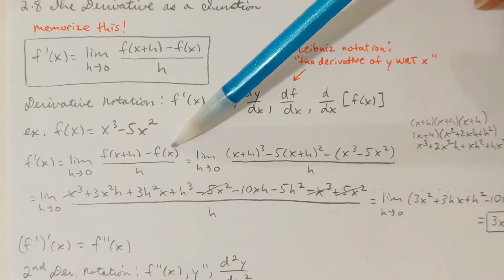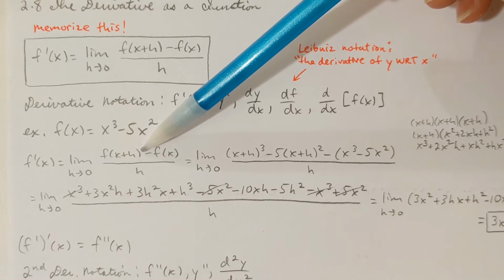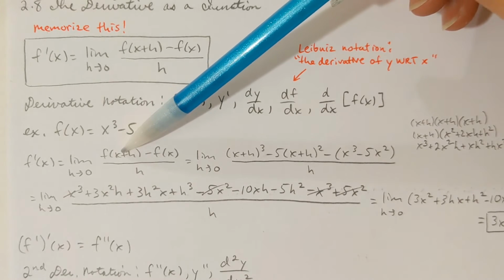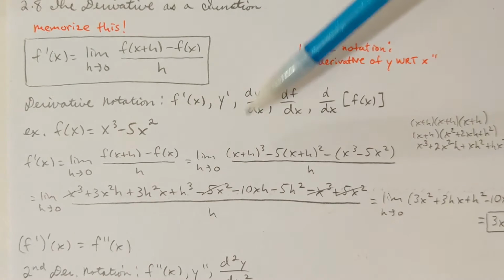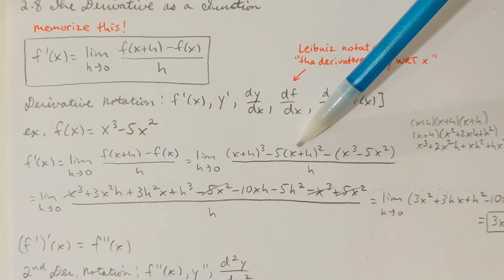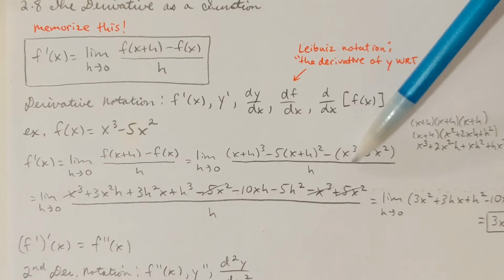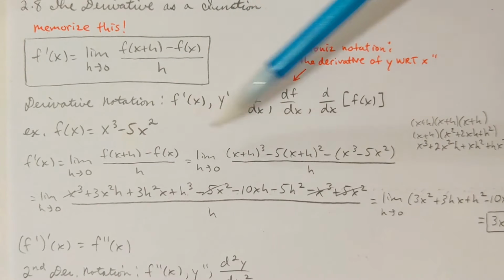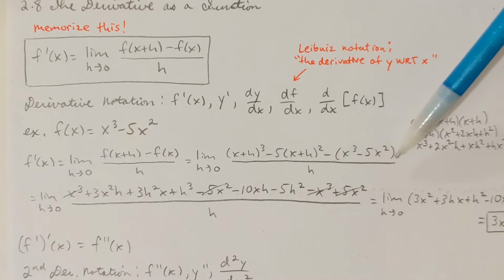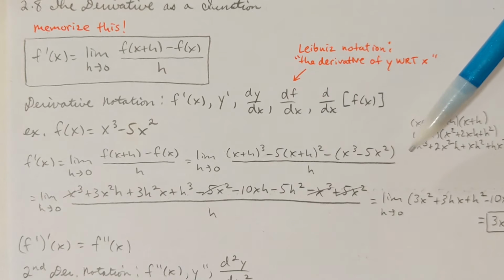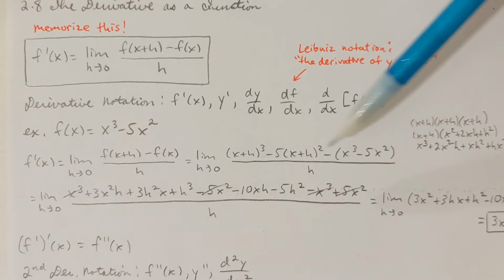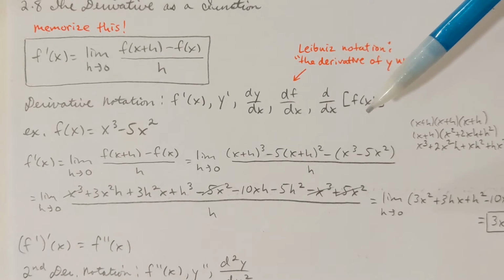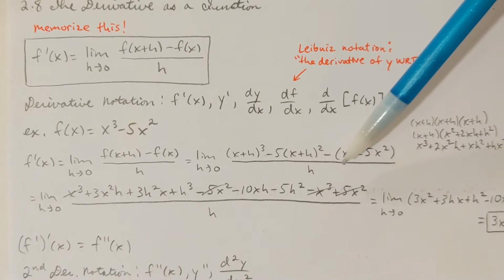For f prime of x, f of x plus h is where I replace x with x plus h, and I've done that. And then I'm going to subtract f of x. f of x is x cubed minus 5x squared. Put parentheses around that since you're subtracting the whole thing, and you want to distribute the negative to the two terms in the end. I'll do that on the next line. And of course, this is all over h.